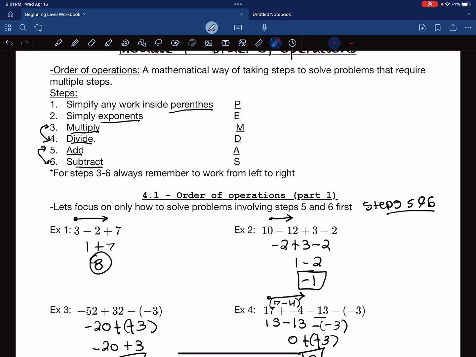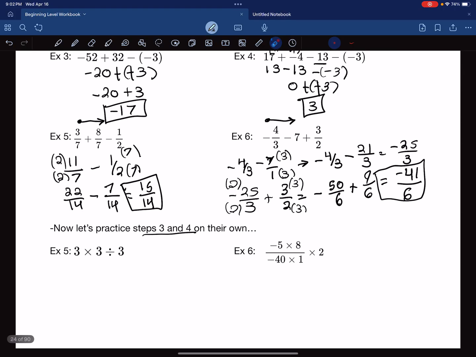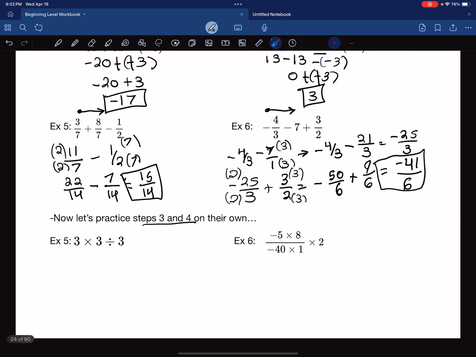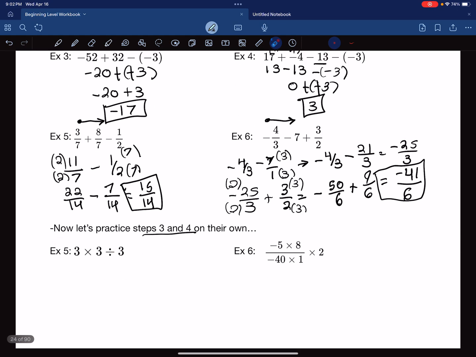If it helps, I really encourage you to memorize the acronym PEMDAS, because that'll save you a lot of time in memorizing. Because we're just dealing with 3 and 4, just like how we just dealt with 5 and 6, all we're going to do is move from left to right.